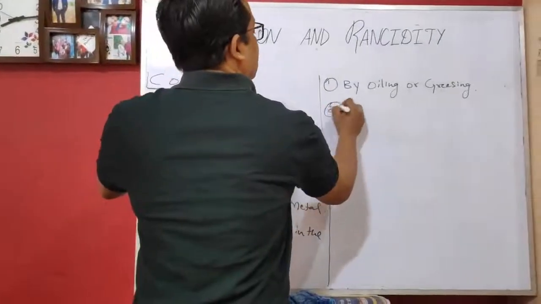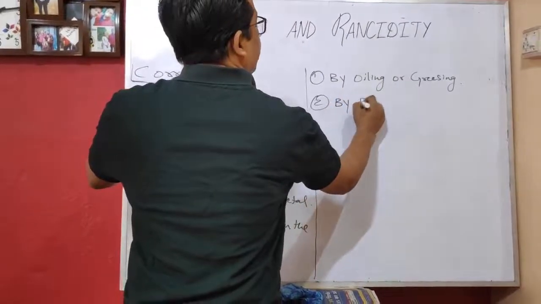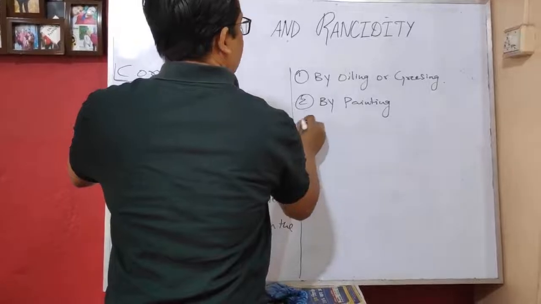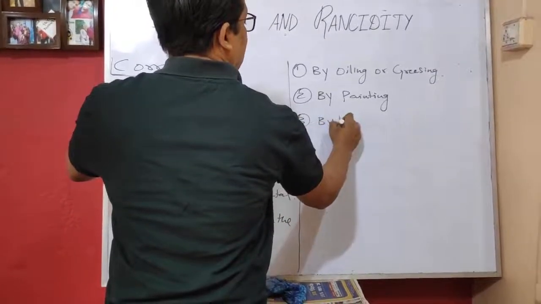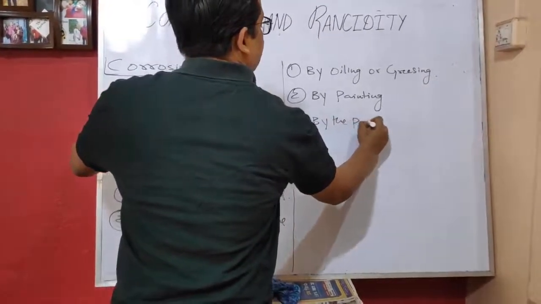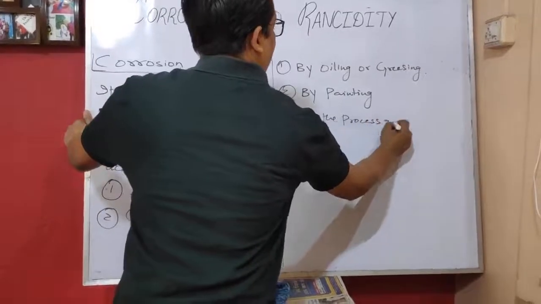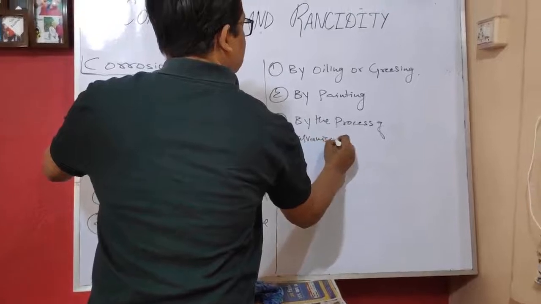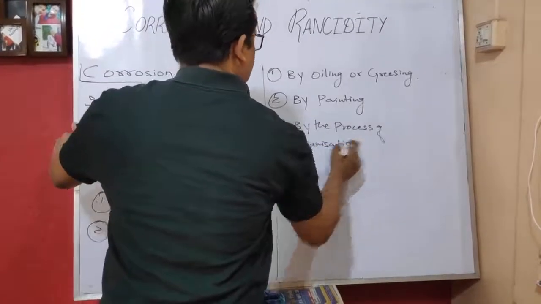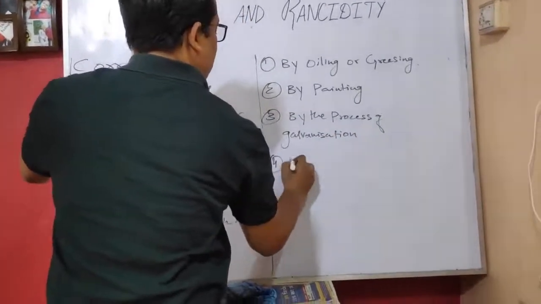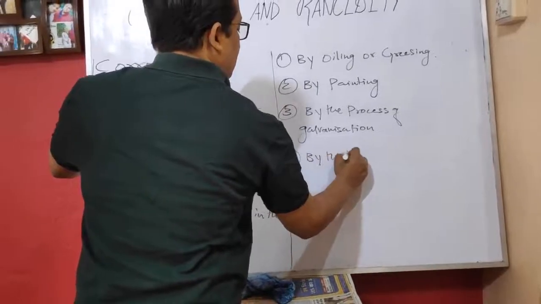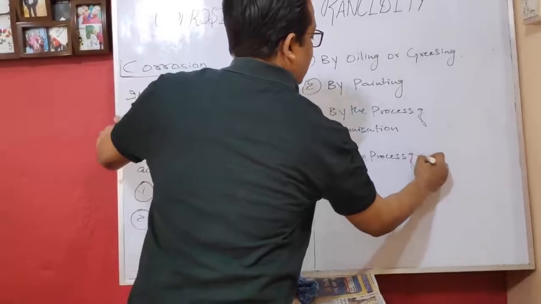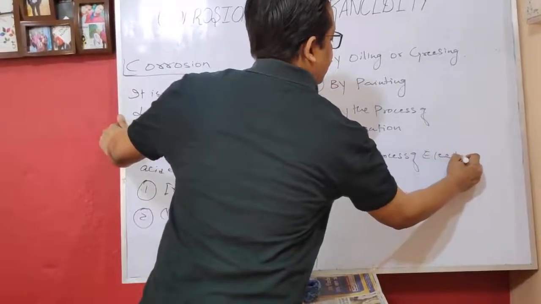Second is by painting the surface. Third is by the process of galvanization. Fourth, by the process of electroplating.